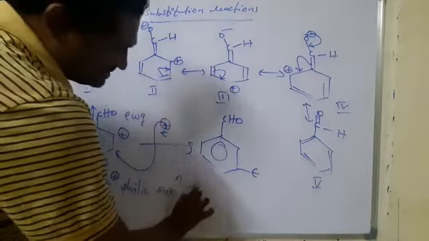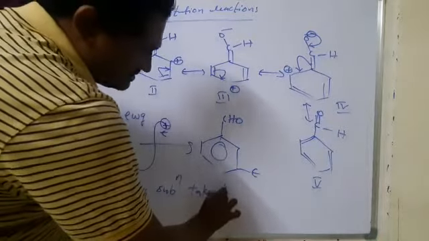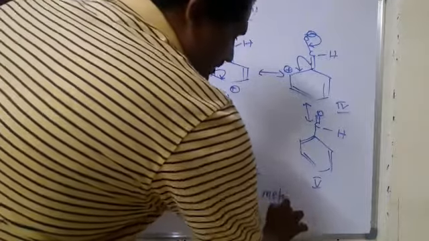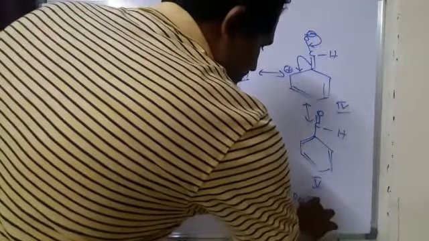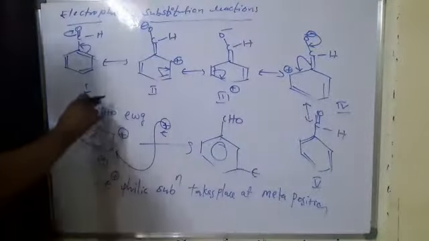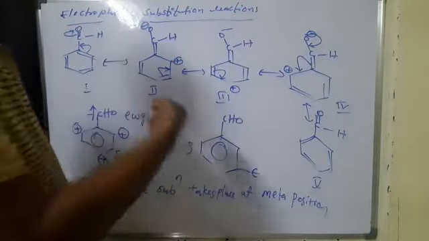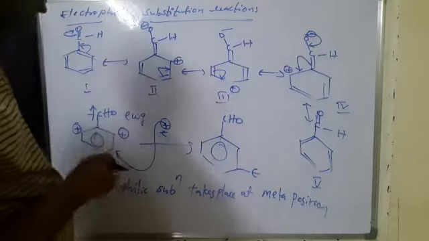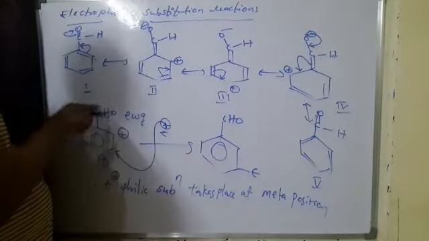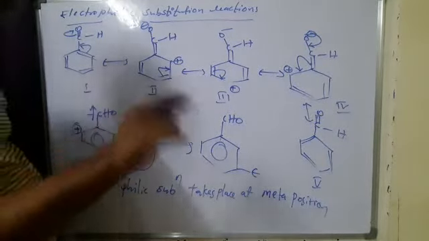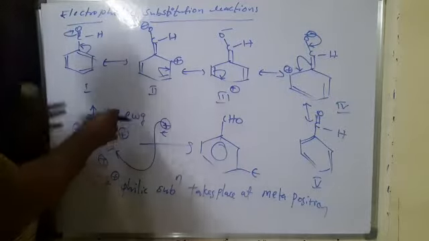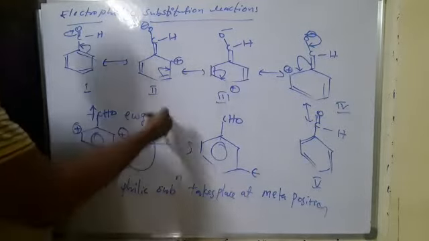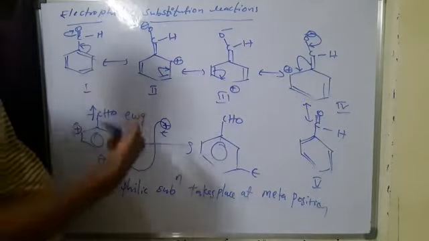That's why this CHO group is a meta directing group. Not only CHO, all electron withdrawing groups are meta directing groups because they withdraw electrons from the ortho and para positions. So the electrophile goes to the meta position.